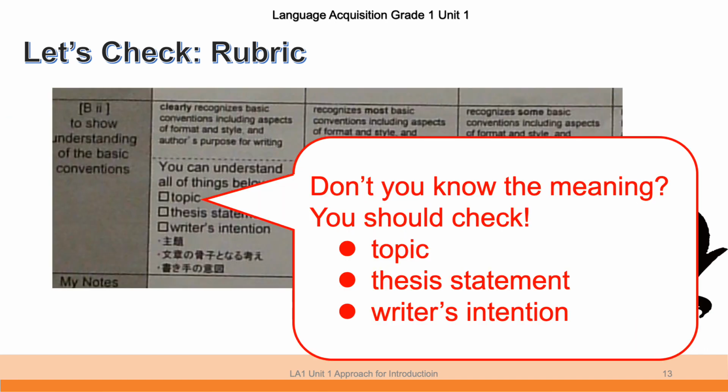Do you know the topic or thesis statement? If you find unknown words, you should check them. If not, you can't get a good score. But you can understand Rubric step by step through the activities.